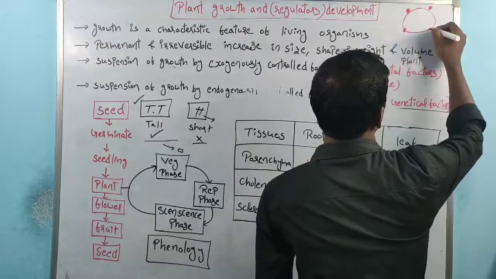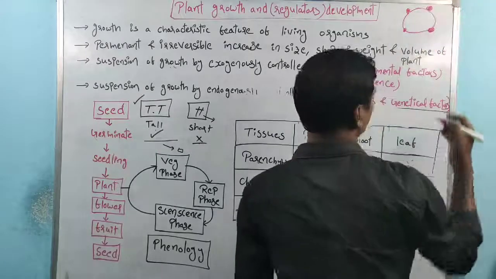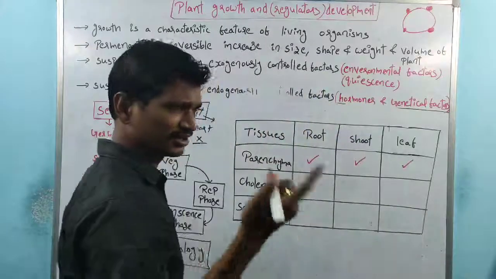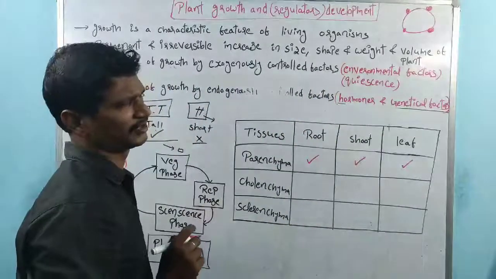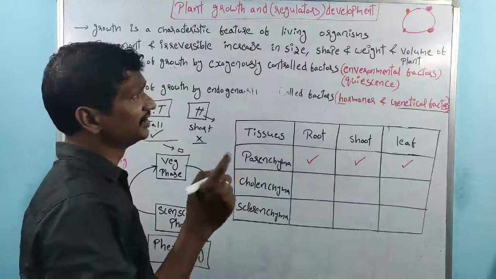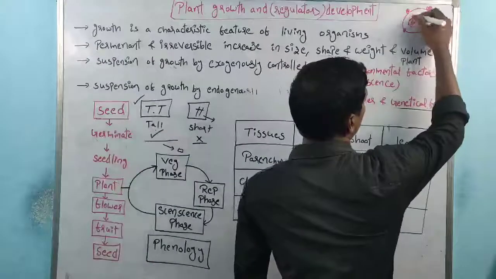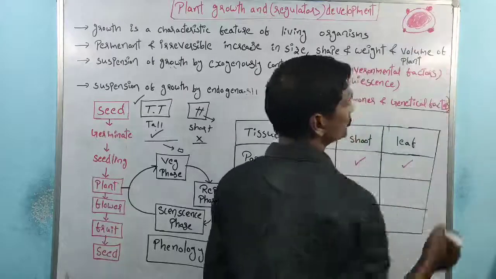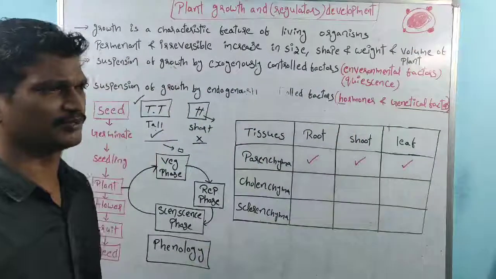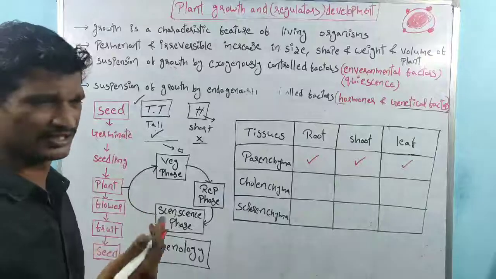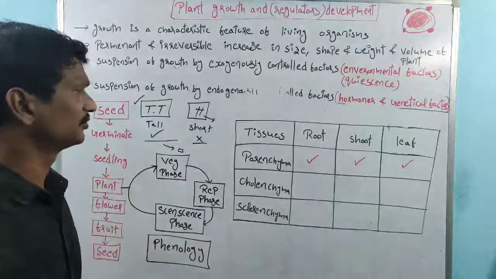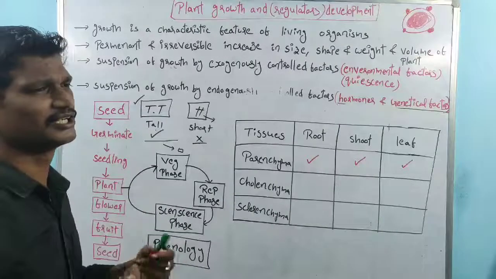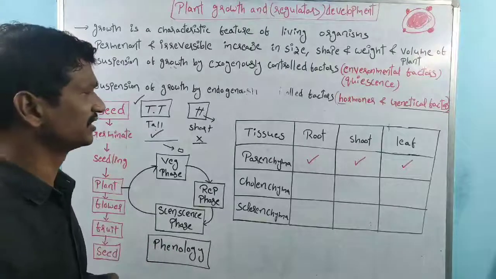If the corners of the parenchymatous cells are deposited, then they turn into collenchyma. Again, if the cell walls of collenchyma cells are completely deposited, that is sclerenchyma, the dead tissue. So from one tissue to the next, origin takes place.